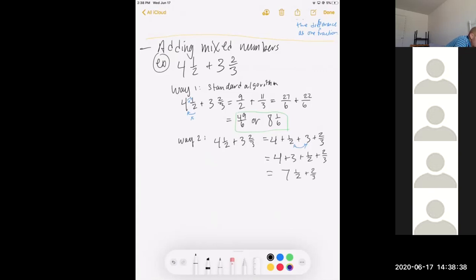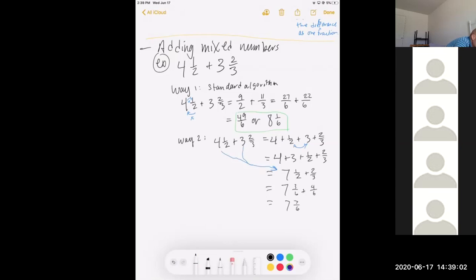So what Singapore math does is it just goes ahead and adds the whole numbers together. The 4 and the 3 become 7. And then they just keep the 1/2 and the 2/3 along for the ride. So that means 7 and 3/6 plus 4/6, which is equal to 7 and 7/6.